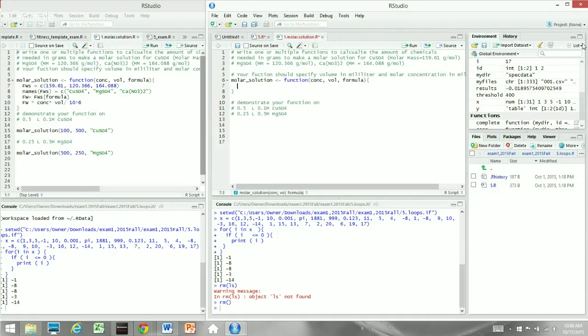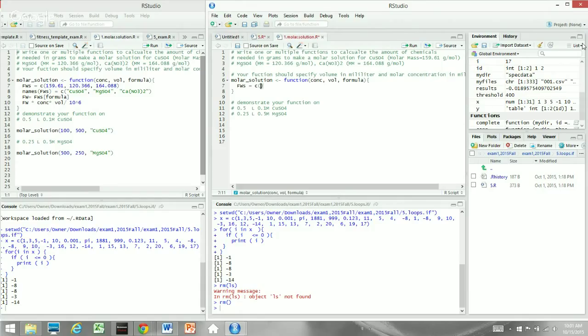And then for my formulas, first I'm going to use the formula weight, the mass of 1 mole, the molar mass, of each of those compounds I just stated. Formula weight is just a variable name for it. It's going to be a vector right now.